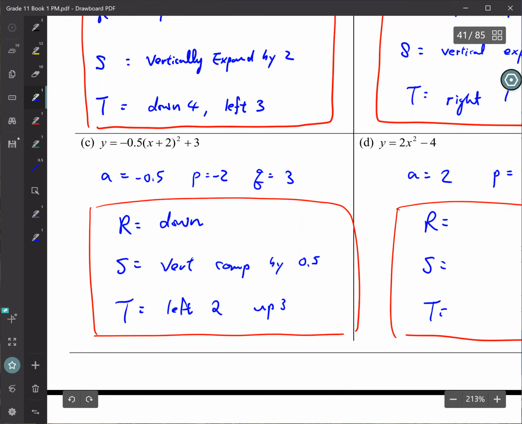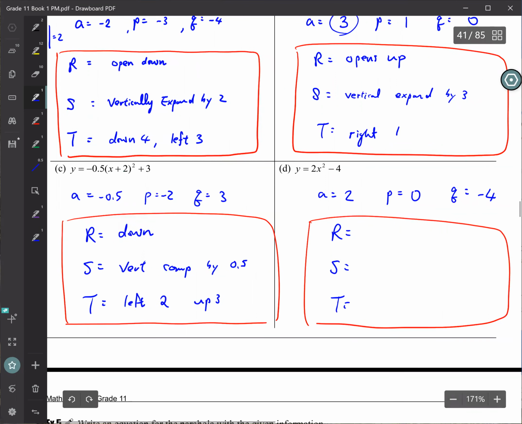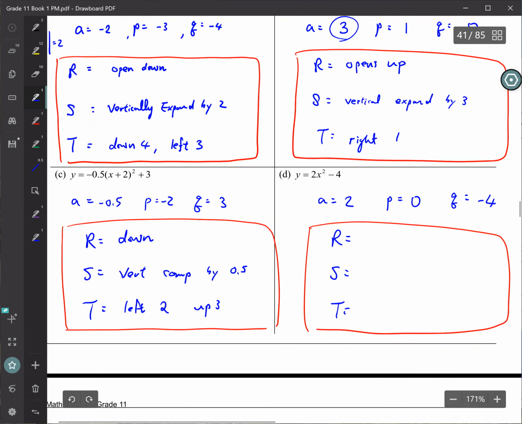Last one. Harry, what's your RST for the last one? R is down. Why is it down? Because there's negative. Where? Do you look at Q?